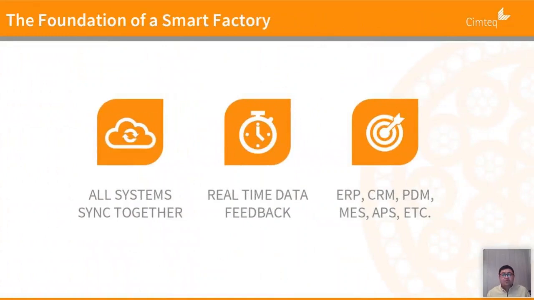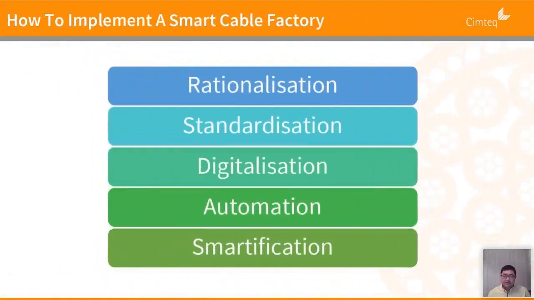The next thing I want to talk about is the foundation of a smart factory. We're talking about stage 3 here, because if the factory is not rationalized, sorry, we cannot help. You probably need to look at your own business flow or standardization.